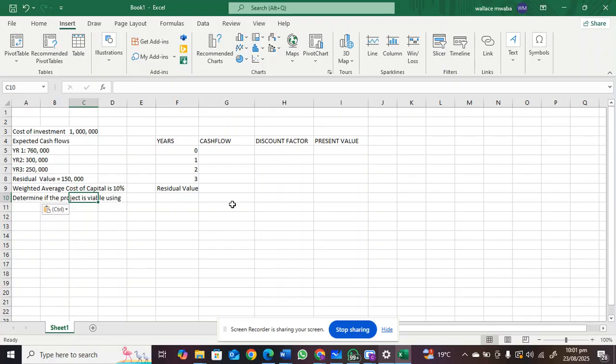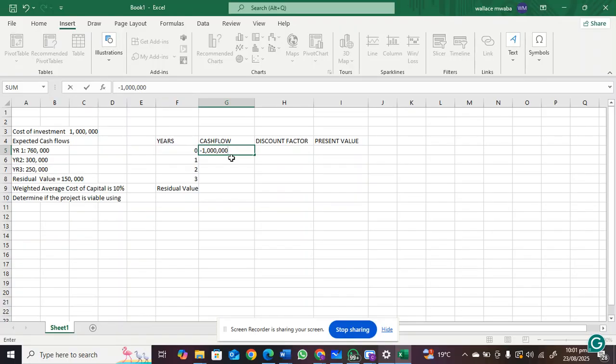Okay, so in year zero, you're going to put negative 1 million because this represents a cash outflow. In year one, you put 760,000. Year two, 300,000.